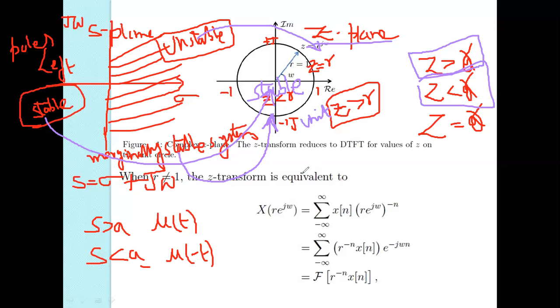Mapping the S plane to the Z plane: a stable system in the S plane, in the analog system, means all the roots that are present in the left half of the S plane. Poles and zeros also, my dear students, not only the poles and the zeros, all the roots.